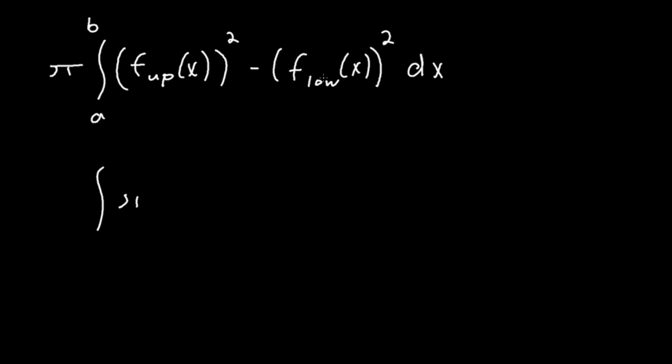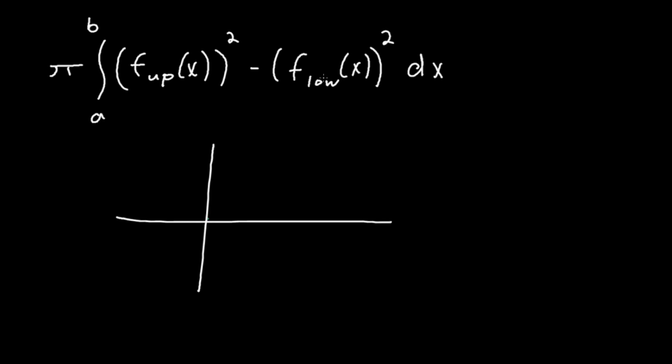But this function that you're seeing is specifically for when you're rotating the function around the x-axis. Okay? This is specifically for the x-axis. I'll have a separate video for functions that rotate around the y-axis, or disks and washers around maybe some vertical line that's up here.